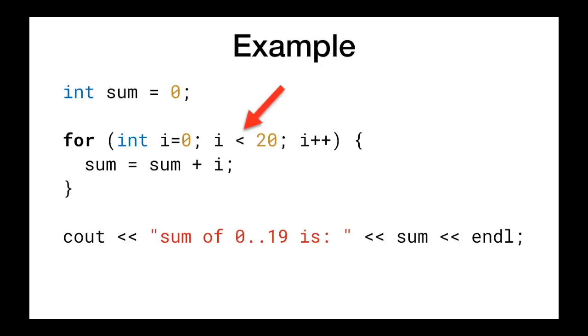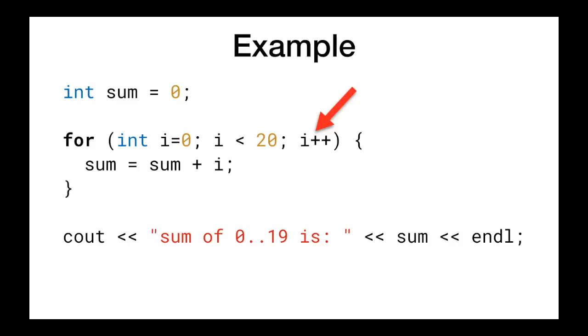Then the condition expression runs, tests if i is less than 20, and since 0 is less than 20, it says true, go ahead and loop. Then the code block executes, and i is 0, so we set sum to 0 plus 0, so that wasn't very interesting, and that's all for the code block. Just after the code block, it runs that post statement, which updates the value of i by incrementing it. So i is now going to be 1.